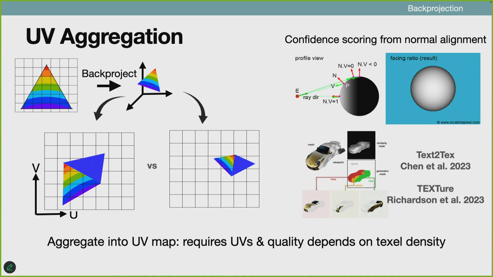Specifically, they take note of the fact that shading will cause your albedo to be represented with some noise. And so what they do is they incorporate a confidence scoring based on the shading parameters, specifically the angle between your surface normal and your camera ray direction.